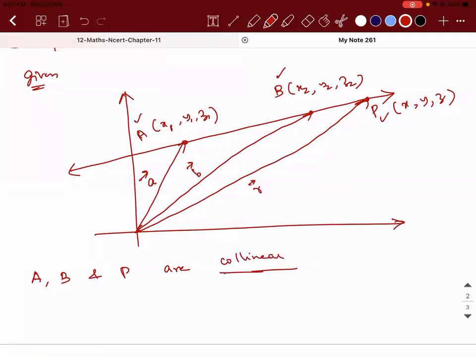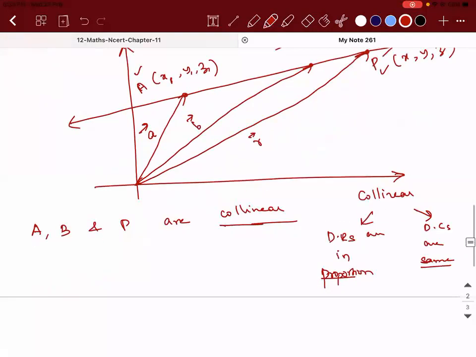And yesterday I told you what condition for collinearity? DRs are in proportion, and DCs are same. But generally we don't solve any problem using the direction cosine. We go with direction ratios only. So tell me, what is the direction ratio of AB?